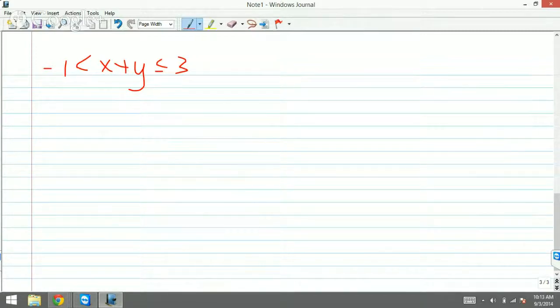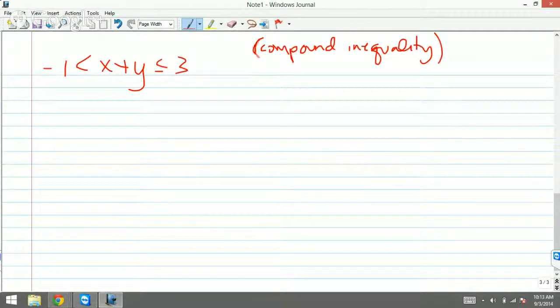Have you seen these before? Compound inequalities? Yes. So that's the vocab. It's called a compound inequality. I like to split it into 2 equations.